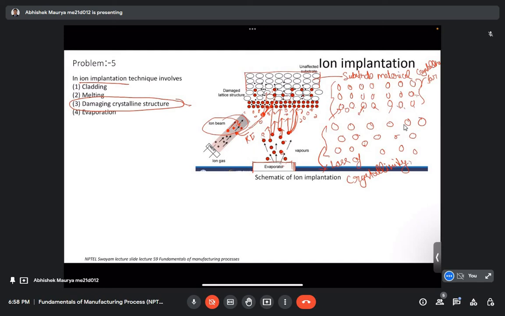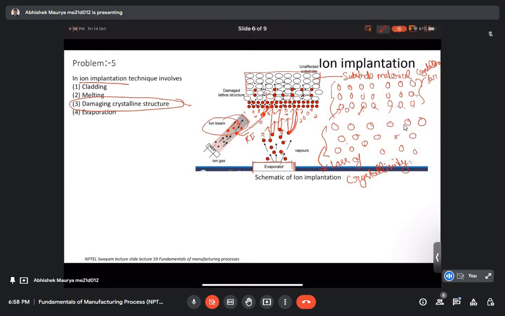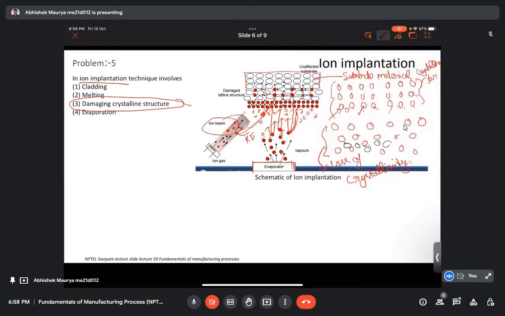And wherever the crystal structure is lost, the other materials will come and sit like here, here, here, here, here, here, and we get improved surface properties.